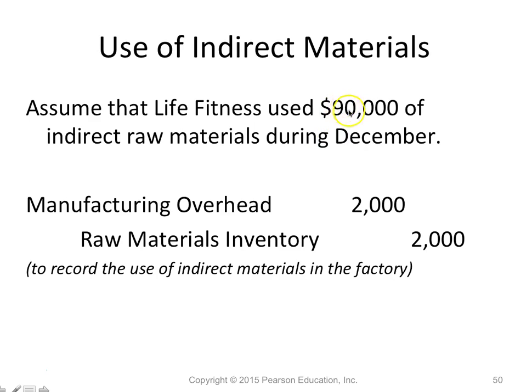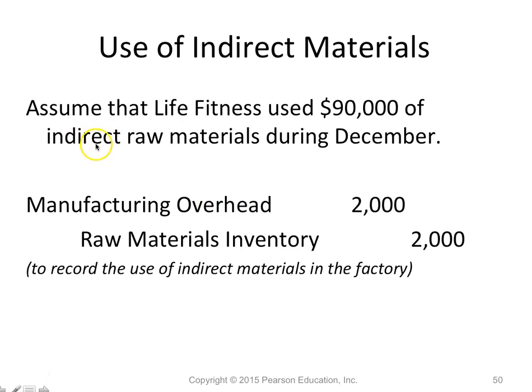It is actually $2,000 of indirect raw materials, so it should be 2,000. So we're going to have less raw material inventory, and then we're going to have this $2,000. This was indirect use, and so it'll be manufacturing overhead.